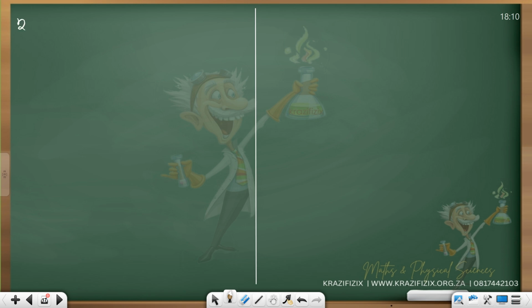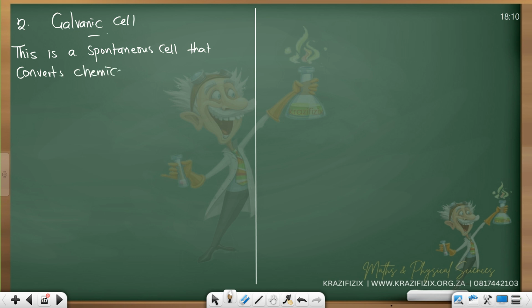Number two, second application, the galvanic cell. This is a spontaneous cell that converts chemical energy to electrical energy. Already I've mentioned two important things.